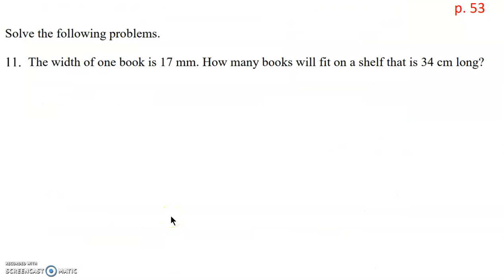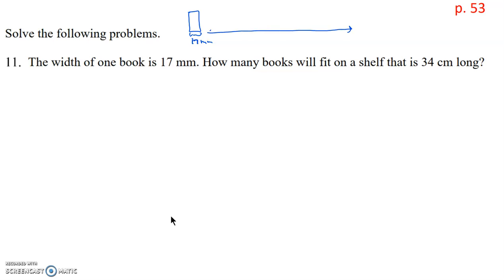For number 11, it's a word problem. The width of one book is 17 millimeters. So here's my book. So here's my width, 17 millimeters. How many books will fit on a shelf that is 34 centimeters long?